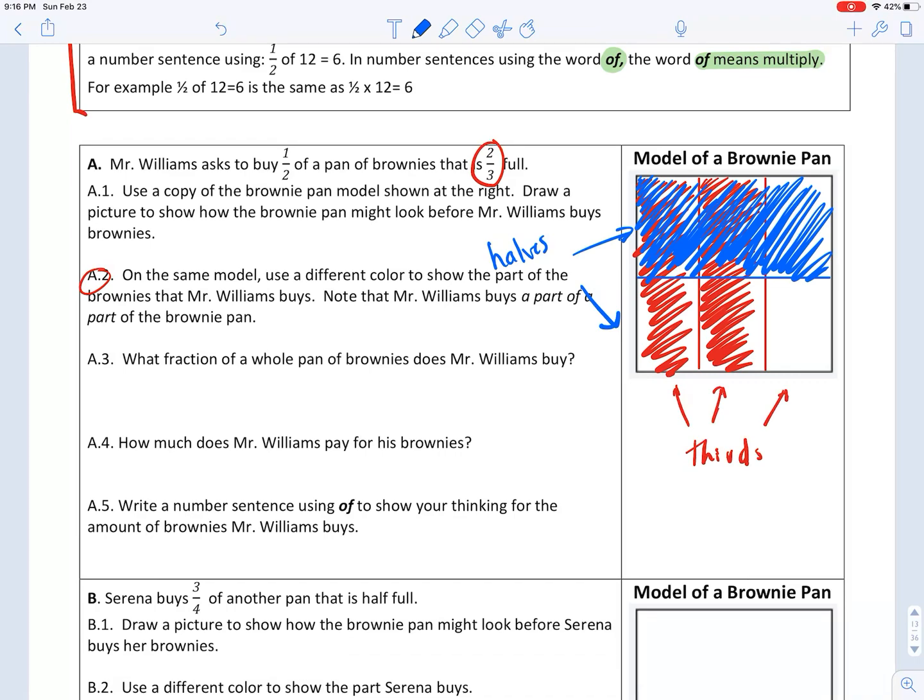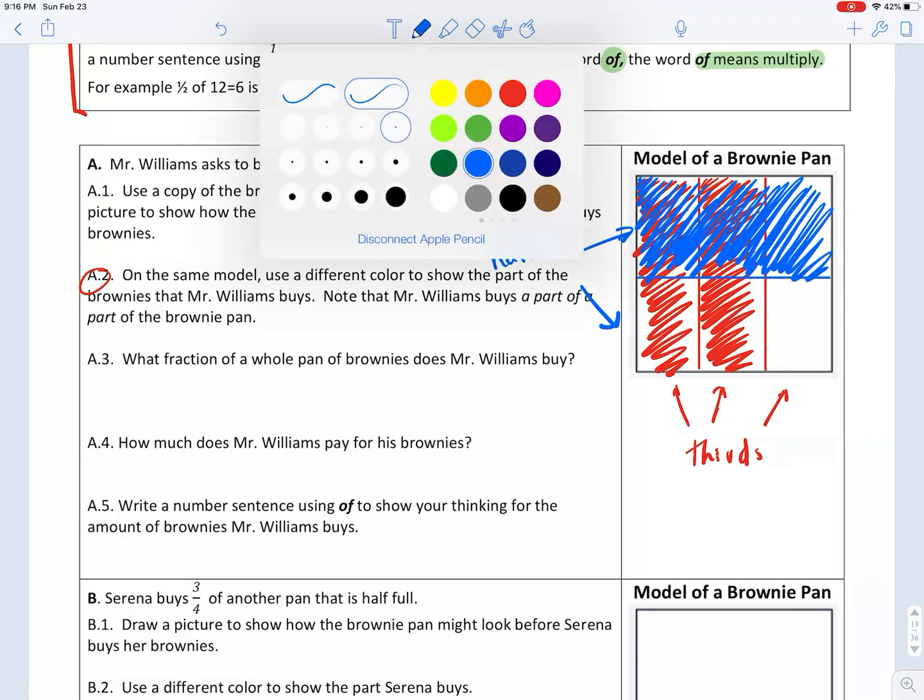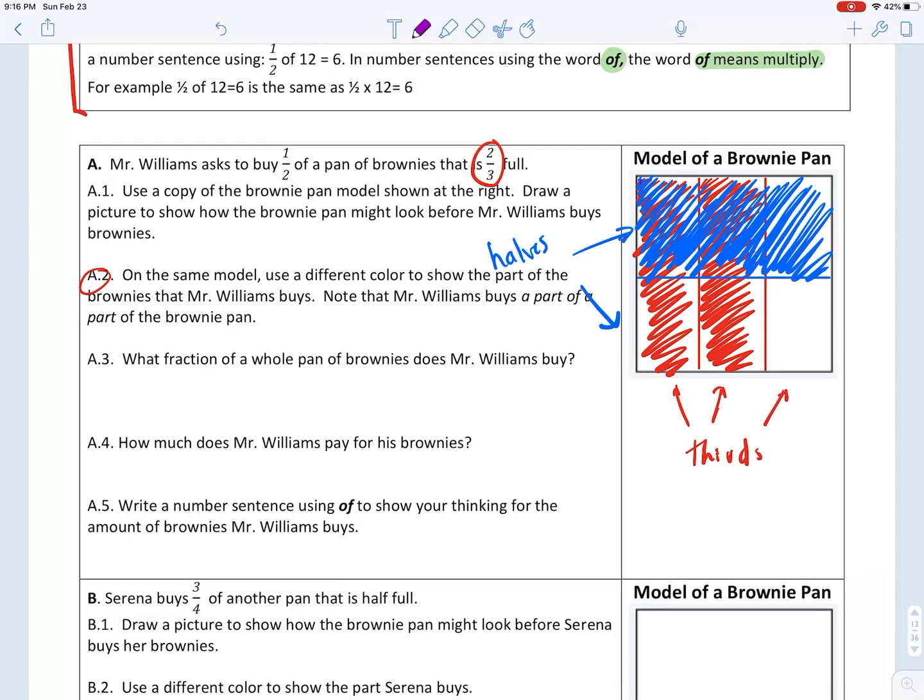But because the brownie pan was originally only 2/3 full, this little section here doesn't exist. So the next question says, what fraction of a whole pan of brownies does Mr. Williams buy? You'll notice that this section right here, the reason why I'm using a third color is because my colors don't blend together like yours do.